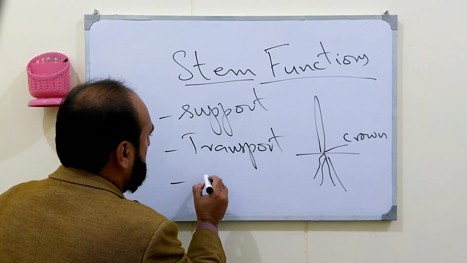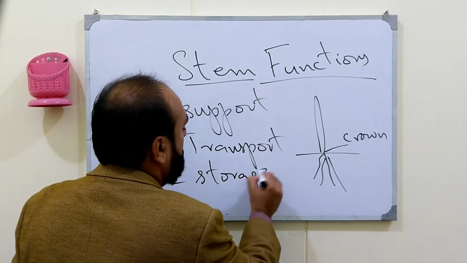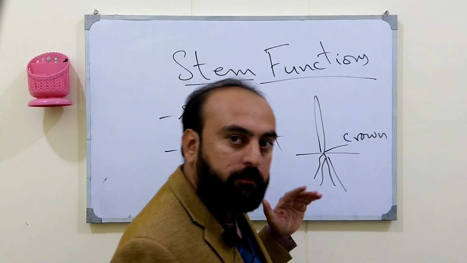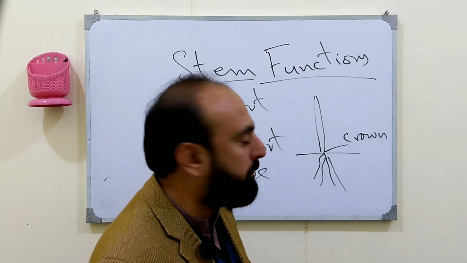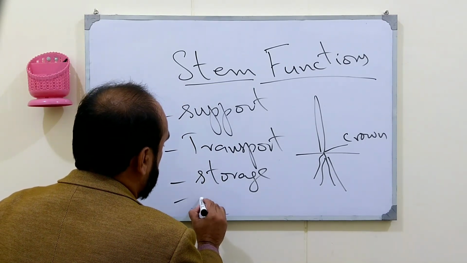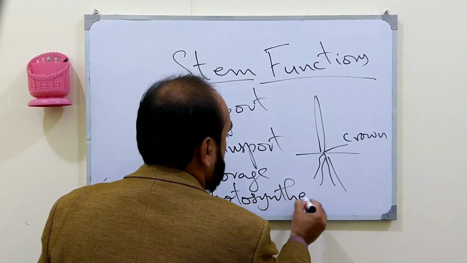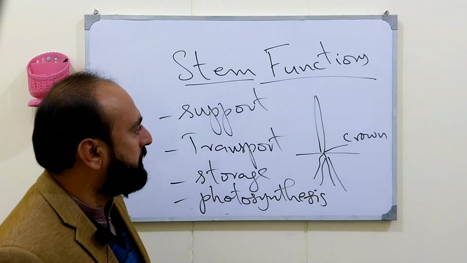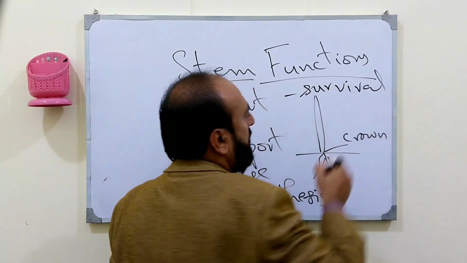Other important function of a stem is storage. It stores different food reserves or energy reserves for proper growth and development of the plant. Stem conducts photosynthesis, and stem is also responsible for survival of the plant.